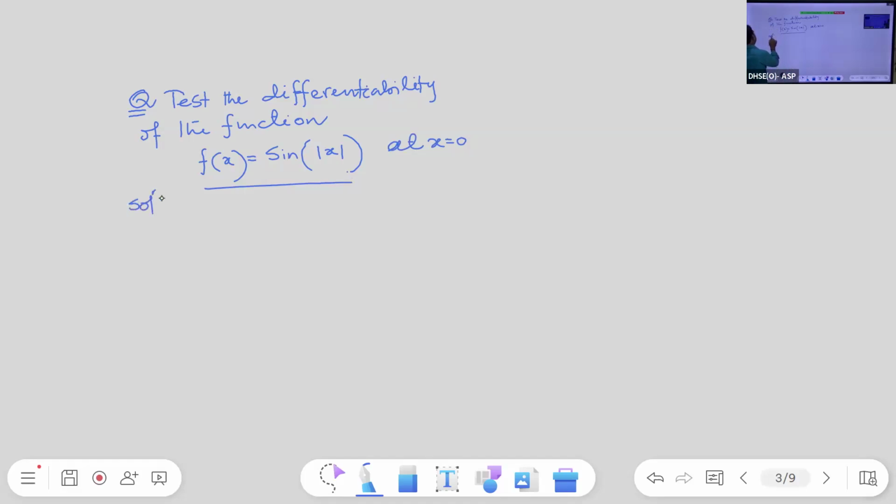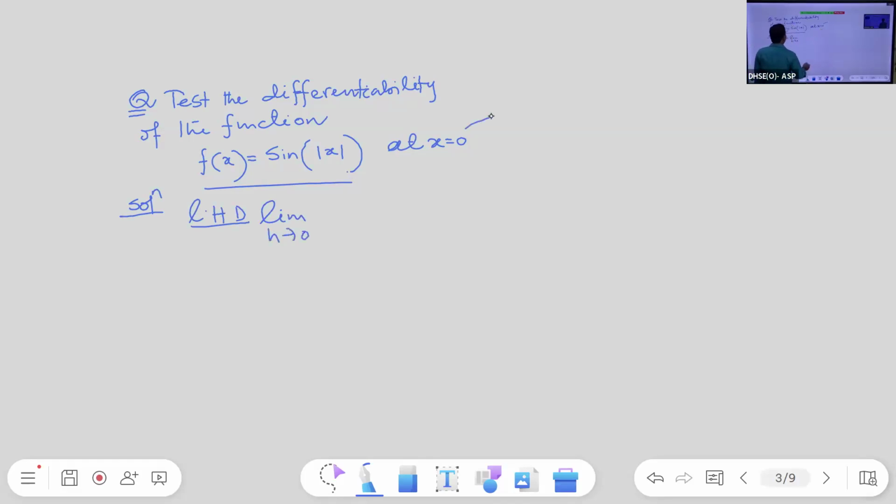First of all, we have to find out the left-hand derivative of the function at x is equal to 0. Then we have to calculate the right-hand derivative at x is equal to 0. Then we have to check whether the left-hand derivative is equal to the right-hand derivative. So LHD, the left-hand derivative at x is equal to 0, is limit h tending towards 0, f of a minus h minus f of a upon minus h. What is a?